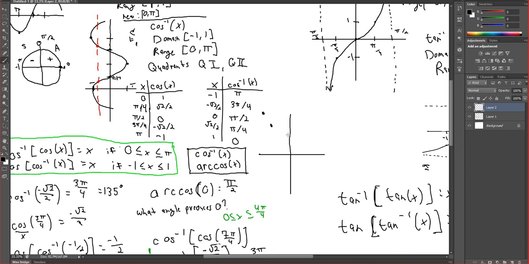Then at 0, I'm at pi over 2. At root 2 over 2, I'm at pi over 4. And then at 1, I'm at 0. So this would be the graph for cosine inverse. I forgot to mirror this, which is why it may not look the same, so I'm going to mirror this really quick if I can.